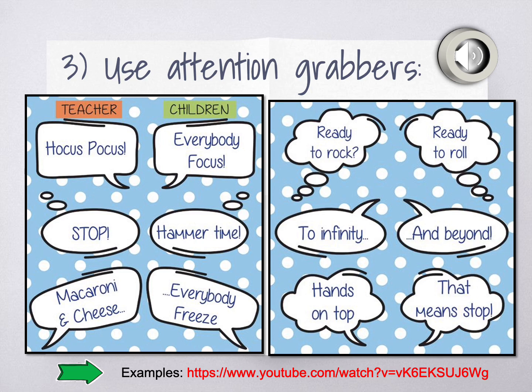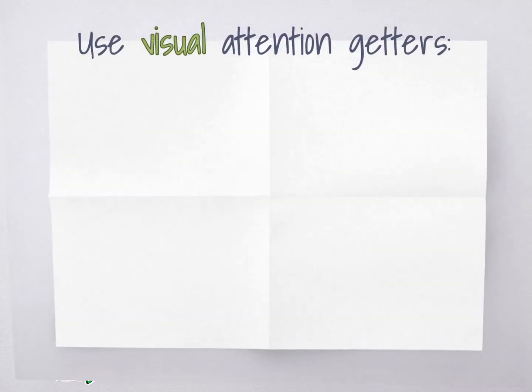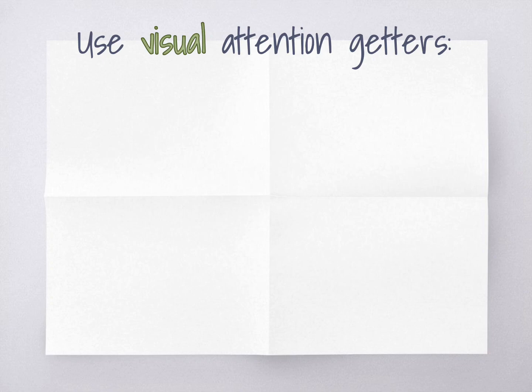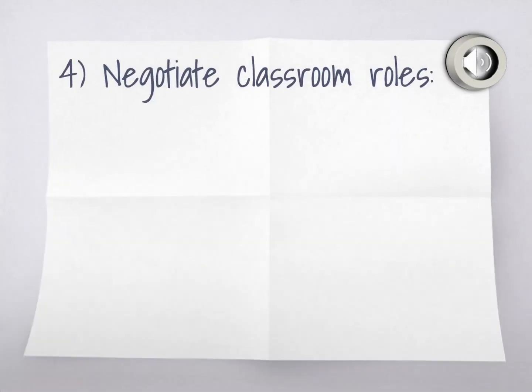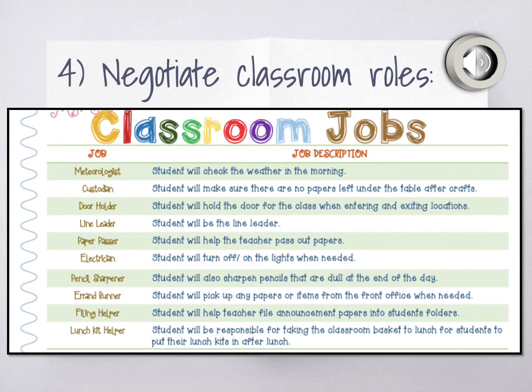Negotiate classroom roles. Having classroom jobs or classroom helpers is a good option as they teach students responsibility and are also a great way to teach students how to be in charge of their task. In the first weeks of school you might not incorporate the classroom jobs, as you should be modeling how to do each job.